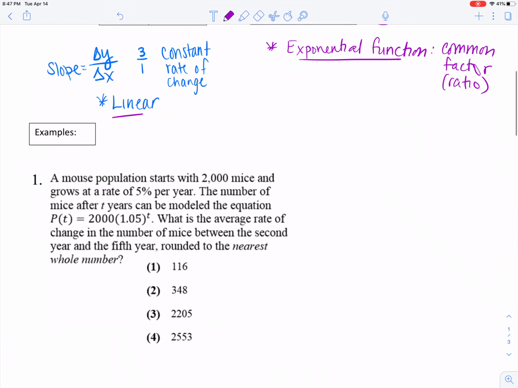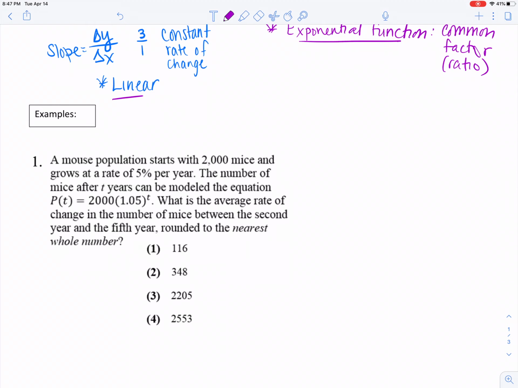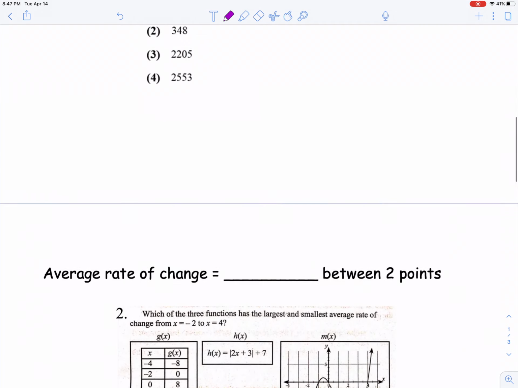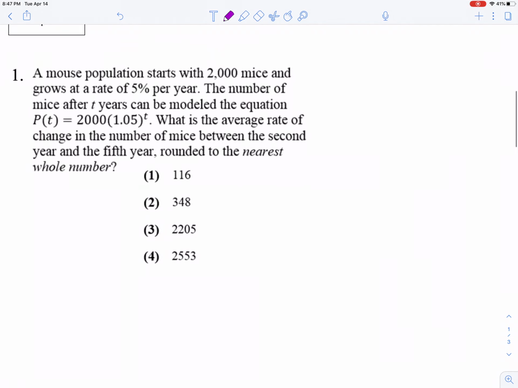So today we're talking about getting your average rate of change. Your average rate of change, I guess we'll discuss right after this. Here they're talking about a mouse population that starts with 2,000 mice and grows at a rate of 5% per year. The number of mice after 2 years could be modeled by the equation.